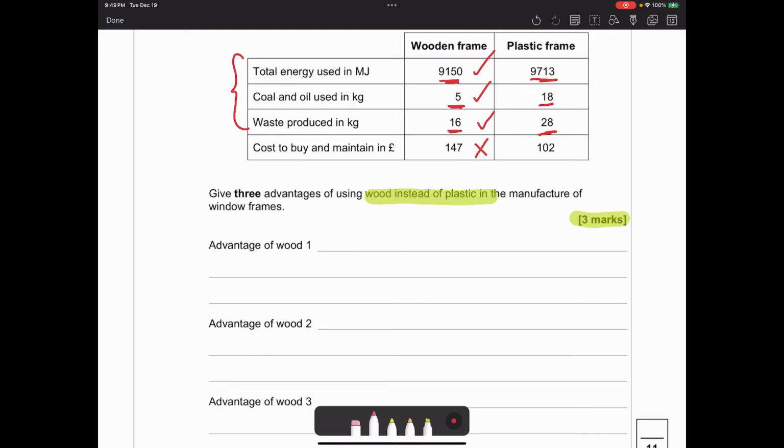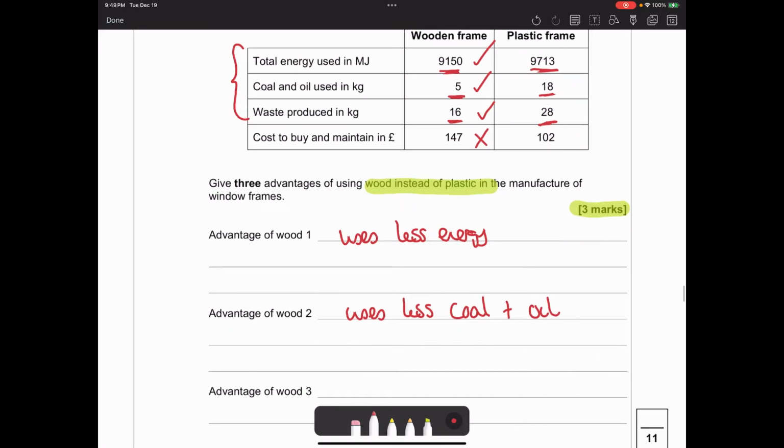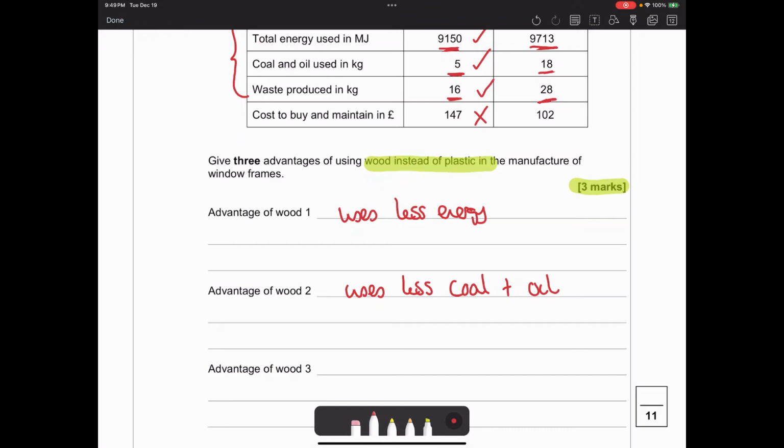All I would say is, you can do this really precisely, uses less energy, uses less coal and oil, therefore less greenhouse gases, etc. And you can also say, produces less waste. Okay, really, really simple question there, just interpreting a table.